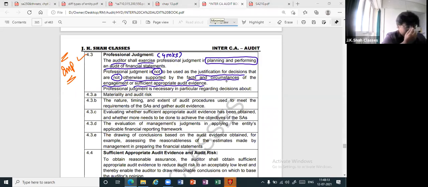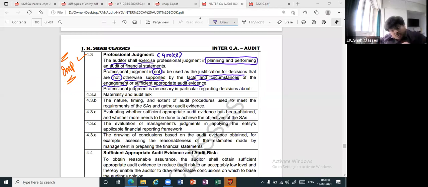See, basically, when I talk about auditor's professional judgment, he also has to give professional judgment on the information which he has obtained. Just because you have obtained information, that does not mean you are not going to have your professional judgment on that information. Supposing I get information from the management, still I have to judge whether ultimately it is correct or not. So that does not mean I will only use professional judgment in matters where there is no evidence.